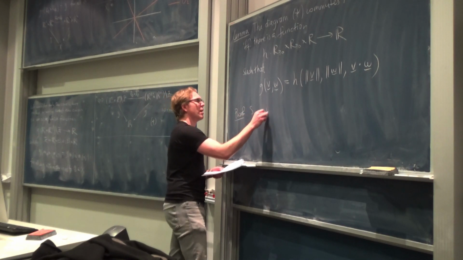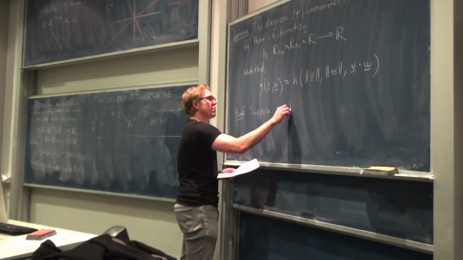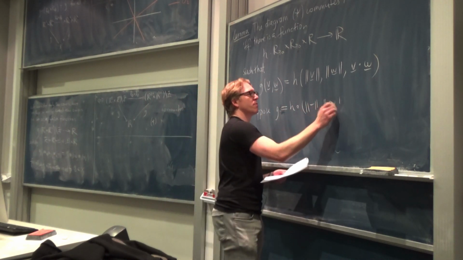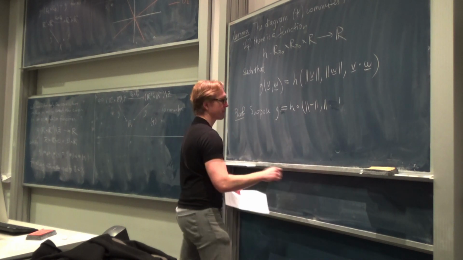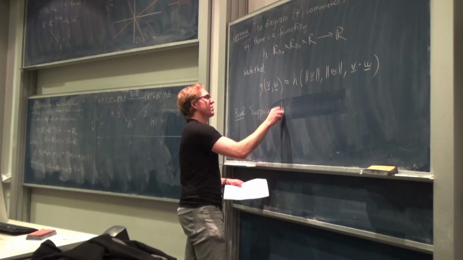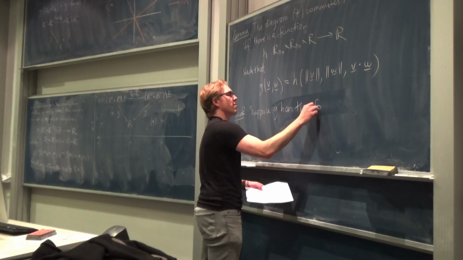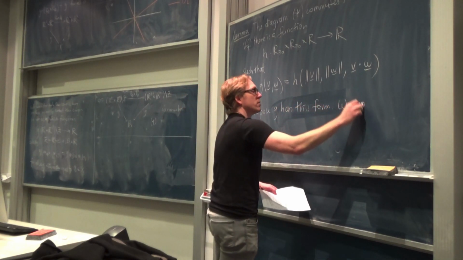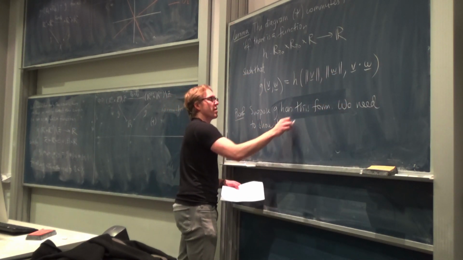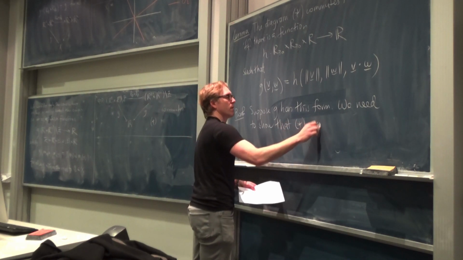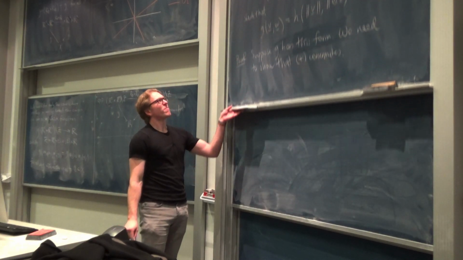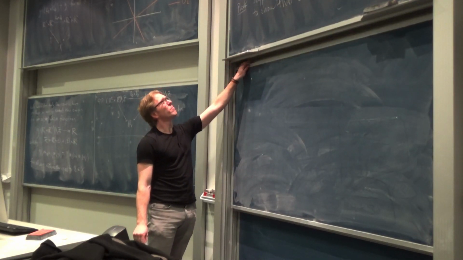So suppose that we took a function g which was of this form. That is, it was h composed with the function which takes the norms of, well, suppose g has this form. So we need to show that theta commutes. All right.